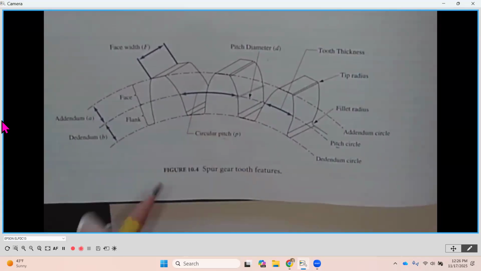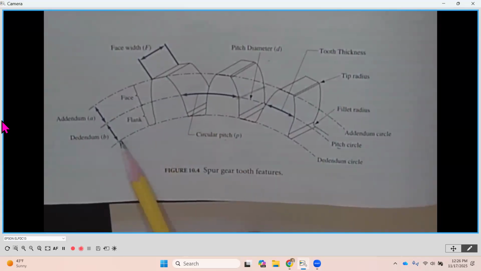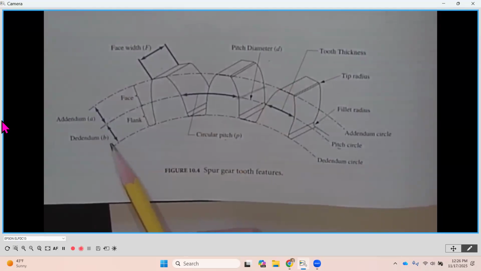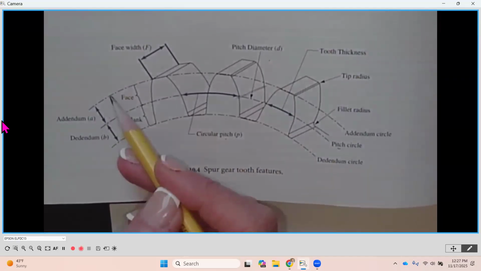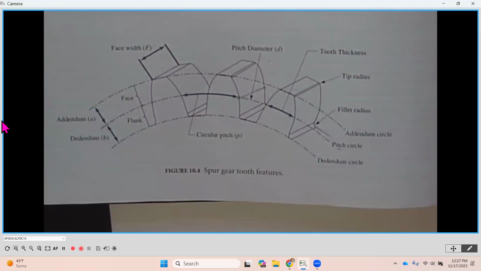That's over here, lowercase a. And the distance down below is the dedendum. And it's actually a lowercase b. I don't know why they don't use, well, they use d for pitch diameter. That's why they don't use d here. So again, the dedendum is going to be, if you would, deeper than the addendum because the addendum is going to fit down in here with that mating gear.